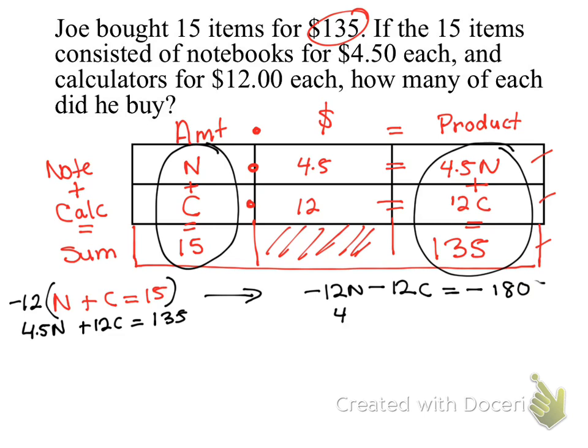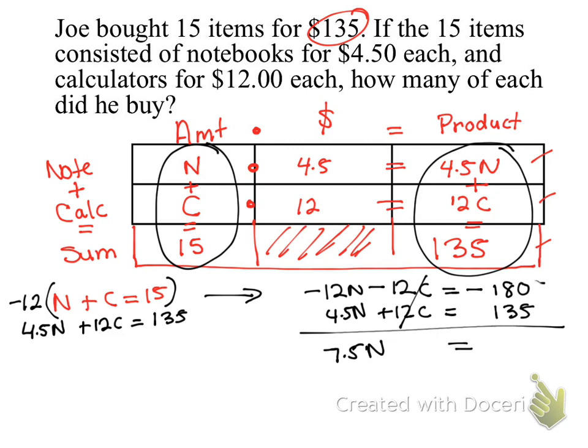The other one is 4.5N plus 12C equals 135. Okay? They cancel. I'm left with negative 7.5N equals negative 45.